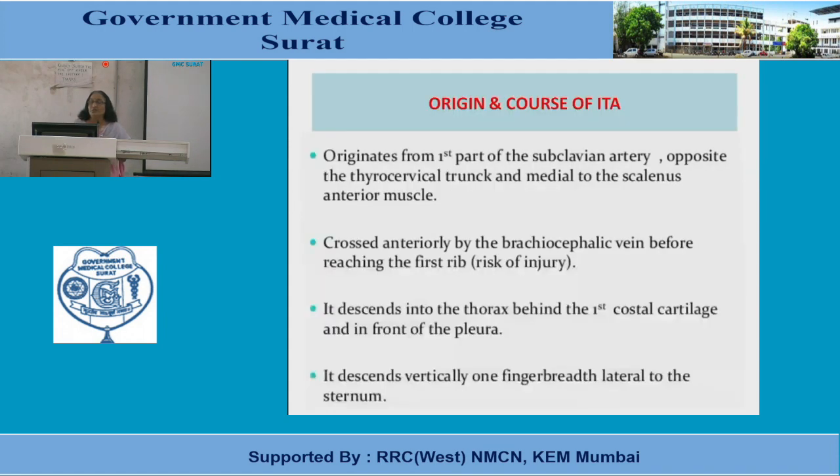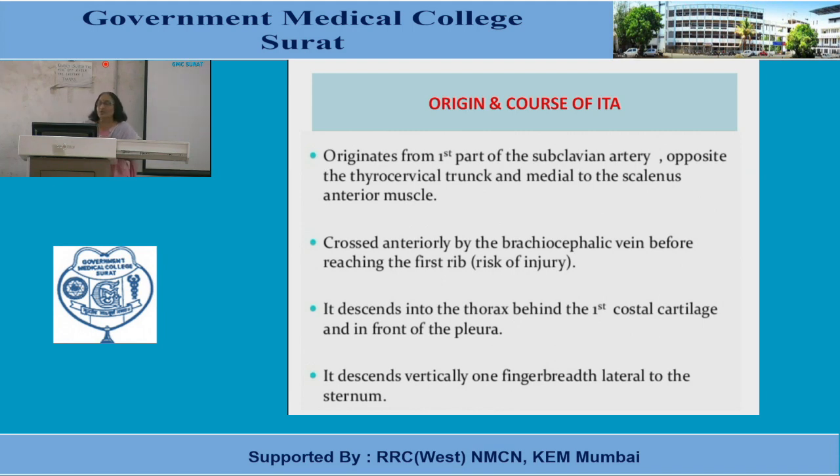Origin and course of the internal thoracic artery. As we have done in the upper limb, the subclavian artery continues as the axillary artery and then as the brachial artery. In the head and neck also you have seen the subclavian artery, which originates from the arch of the aorta on the left side, and on the right side arises from the brachiocephalic trunk.